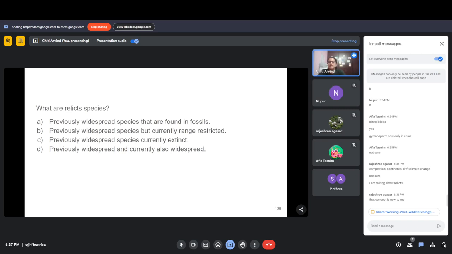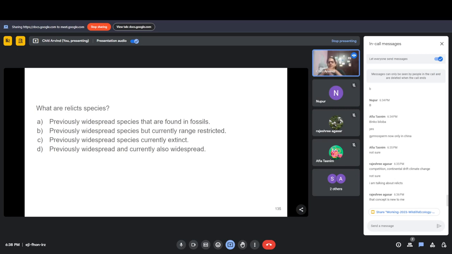And some of the best examples that you can see are species that are found on top of mountain tops, because they were originally widespread species, but right now, because of climatic factors, they have been restricted to a small particular area.